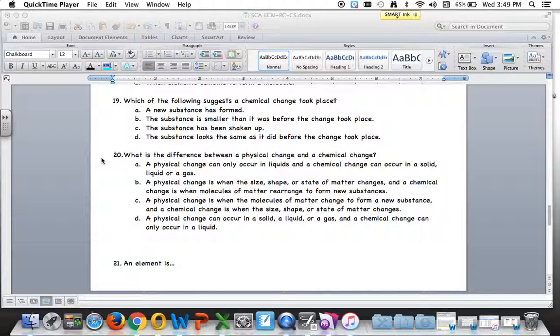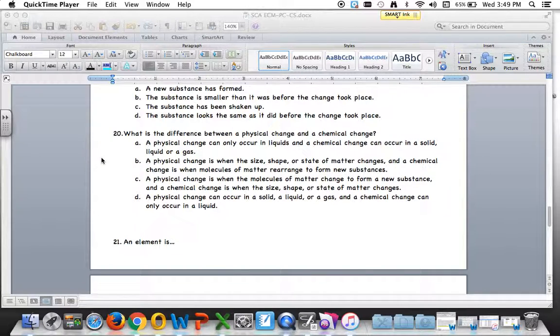C, a physical change is when the molecules of matter change to form a new substance, and a chemical change is when the size, shape, or state of matter changes. D, a physical change can occur in a solid, a liquid, or a gas, and a chemical change can only occur in a liquid.